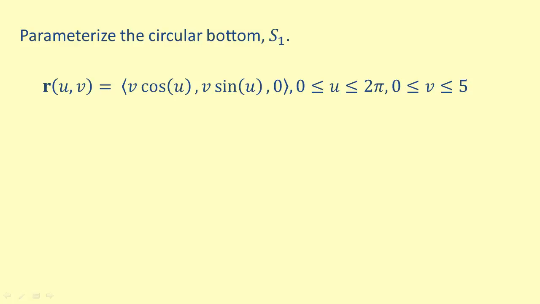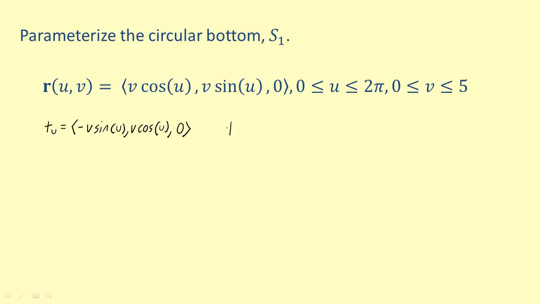Let's start with the bottom, which is a circle centered at 0, 0, 0 with radius 5. Therefore, it makes sense to parameterize in polar coordinates. This gives us the vector r of u, v equals <v cosine u, v sine u, 0>, with u between 0 and 2 pi and v between 0 and 5. It follows that the tangent vector t sub u is <negative v sine u, v cosine u, 0>.